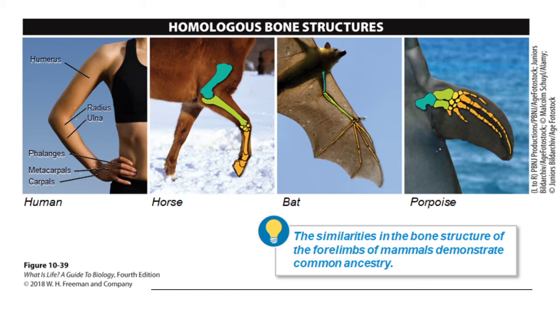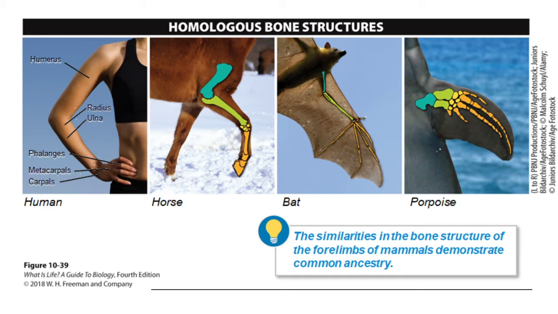Homologous bone structures are another comparative anatomy tool. The bone structure, specifically with tetrapods, our four limbs, can be compared to another four-limbed organism.